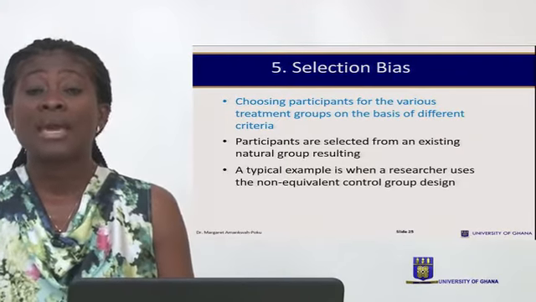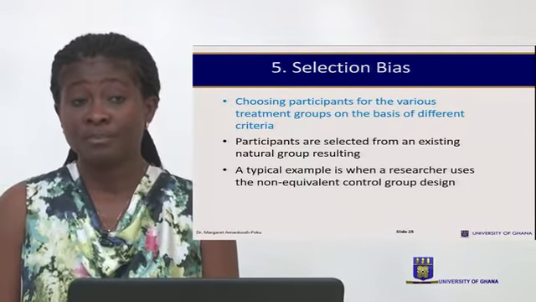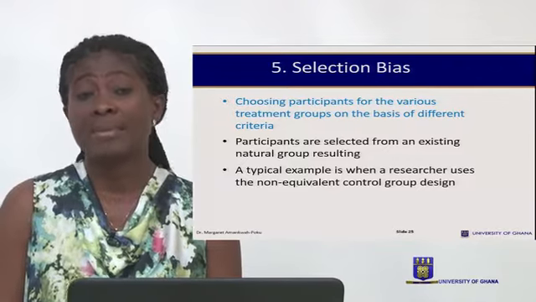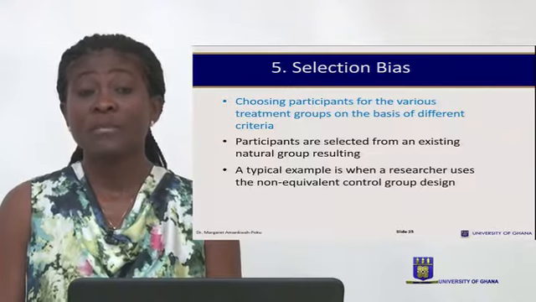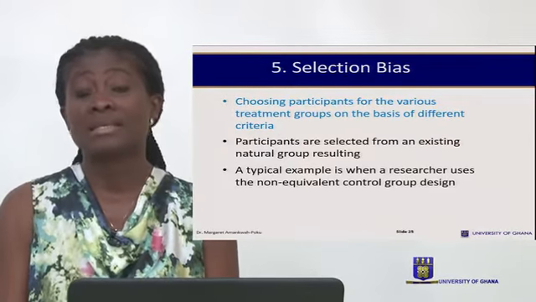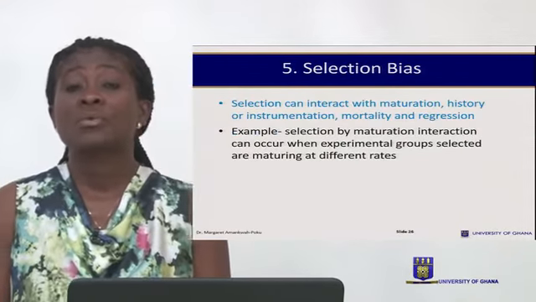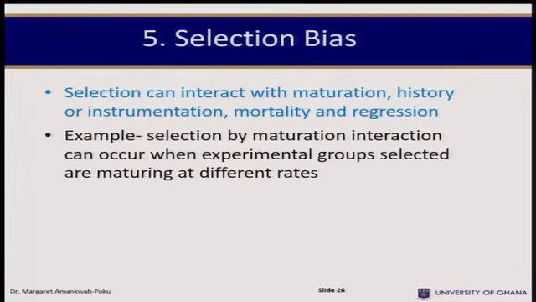And it usually occurs when participants are selected from an existing natural group. So you select people because they are GANs, you select people because they are EVERS, you select people because they are FANTIs, etc. So you have different groups of individuals who may differ from the onset, and that affects the outcome of a study. So selection bias acts as a threat to internal validity.